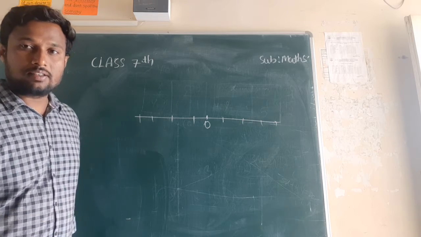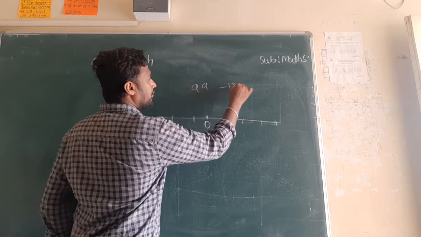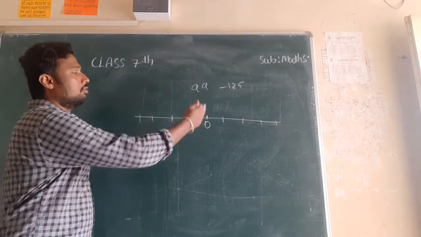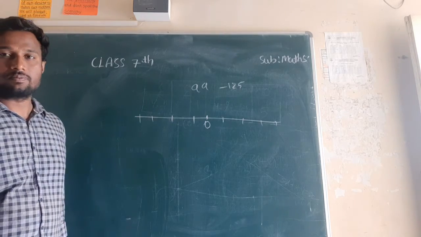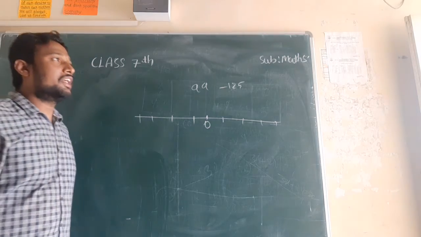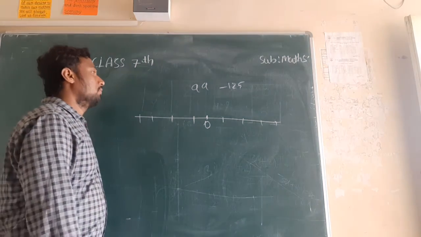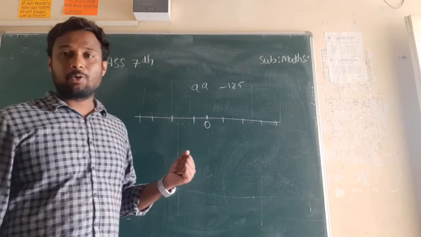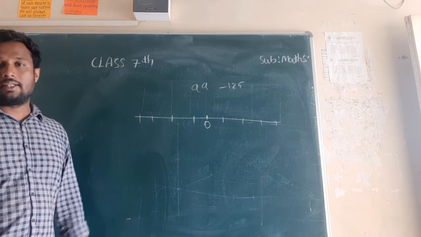When you get larger numbers like 99, -125, how can you draw this number line? You can't draw it on one page, and it will take a lot of time to calculate. So to calculate these kinds of larger numbers, what do we have to do? Without the number line, we have to calculate.